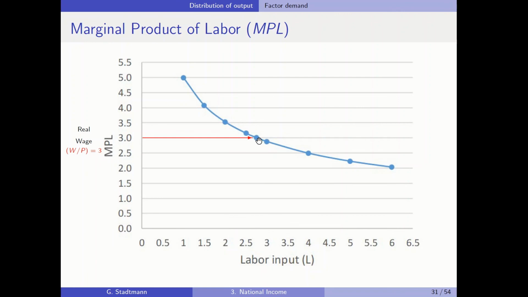And then we know from this graph that the optimal amount of labor is about 2.75. So we should hire 2 units of labor and then 1 person who only takes 0.75 of a shift. So 2.75 labor units is the optimal amount of labor.